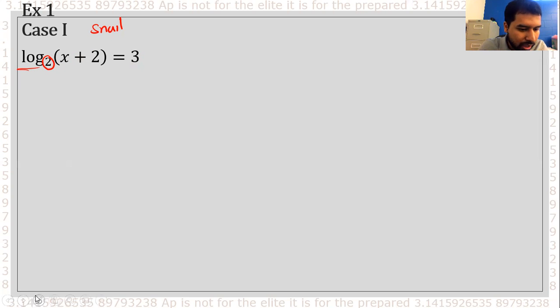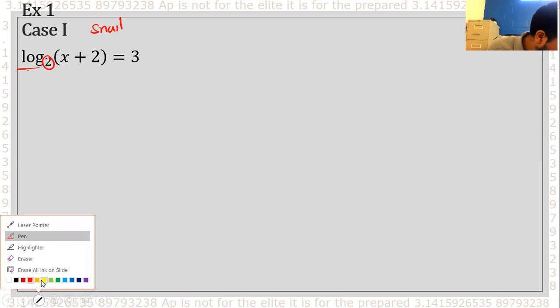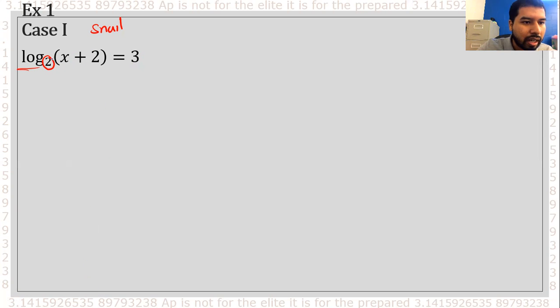We can do that because the inverse of a log is an exponential. So the 2 is going to become the base of the exponent that is raised to the 3. So let's rewrite this. I have x plus 2 is equal to 2 to the third.